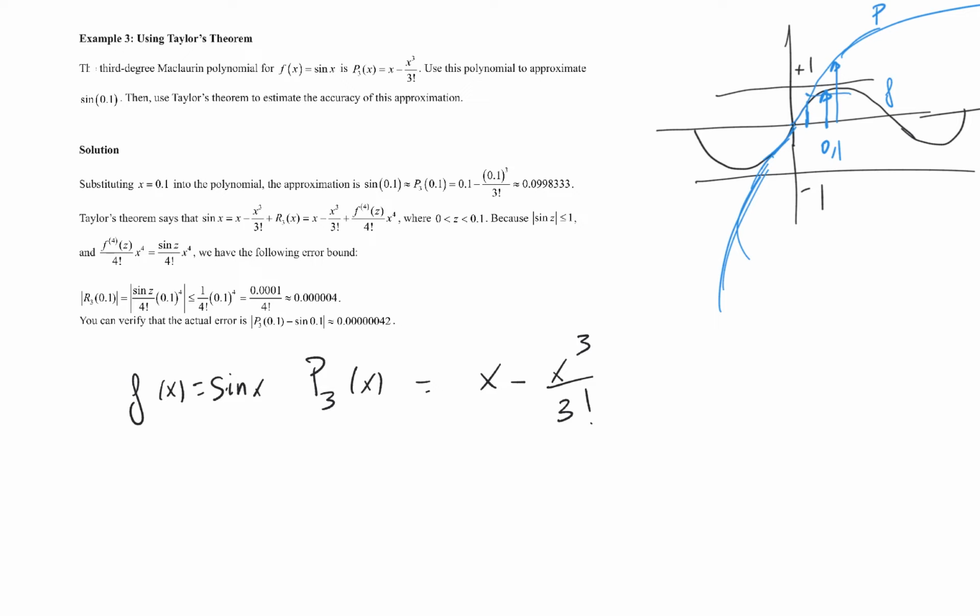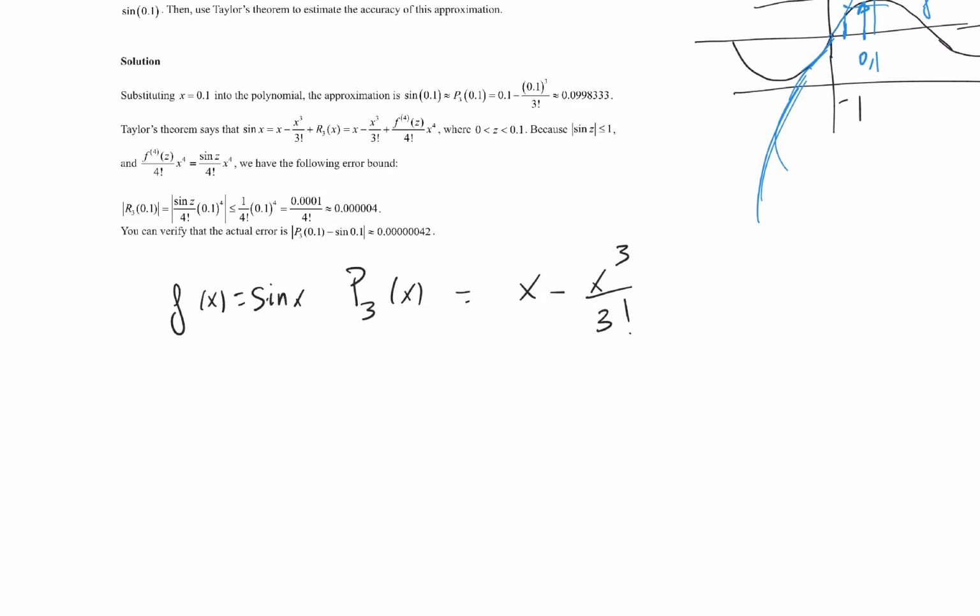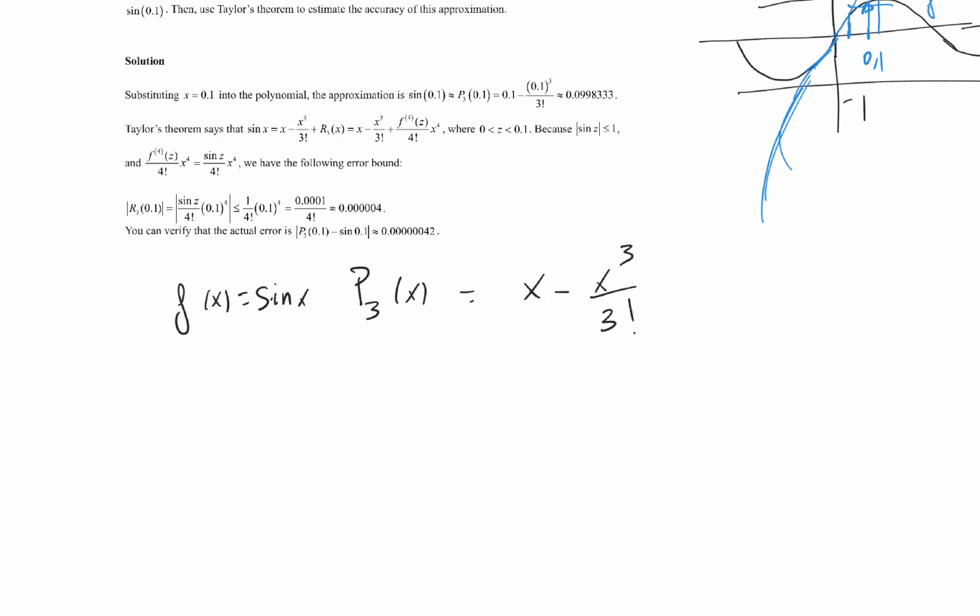What is this error? The theorem says that the remainder, the error, because the function f of x is the polynomial p3 of x plus the error. The error is r3 of x.